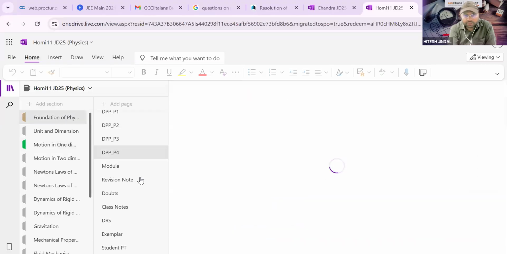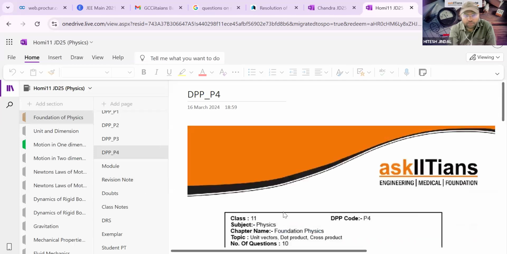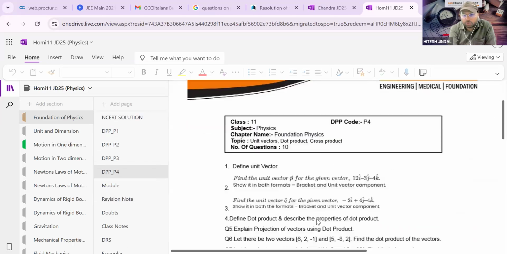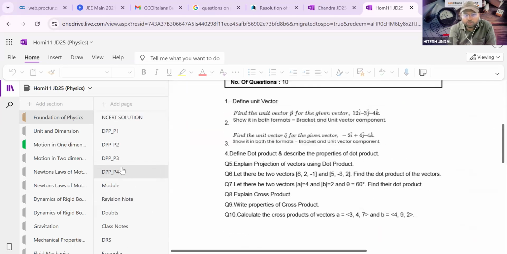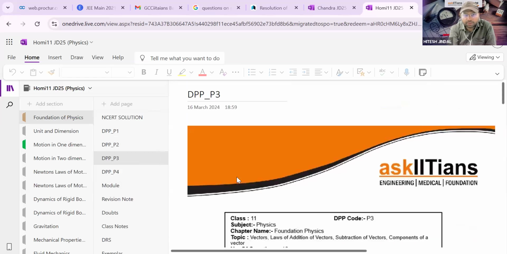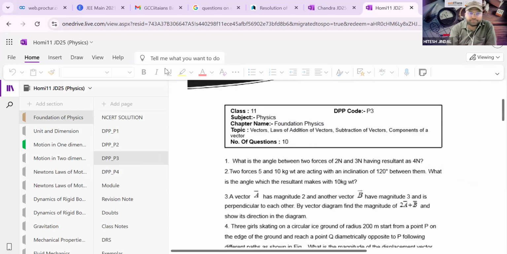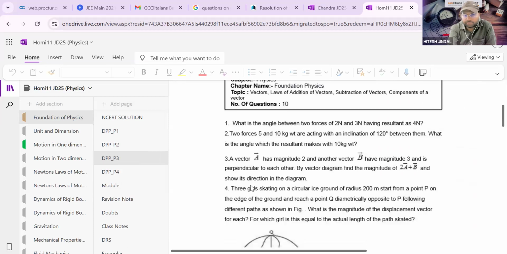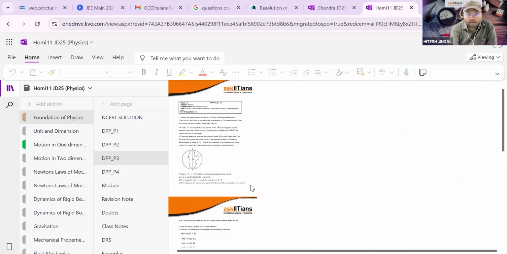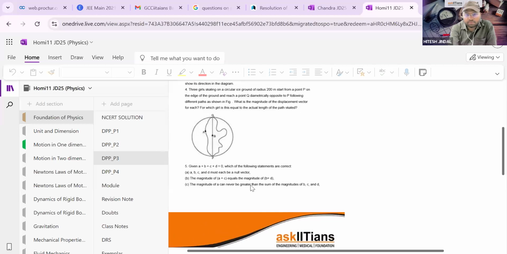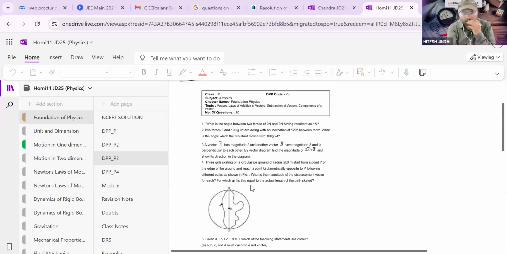So go to Foundations of Physics. In Foundations of Physics, we have done dot product also, right? You have to go through these DPPs. We have this DPP P3 that you have to do. So are you getting this? I'm also putting that on your WhatsApp.